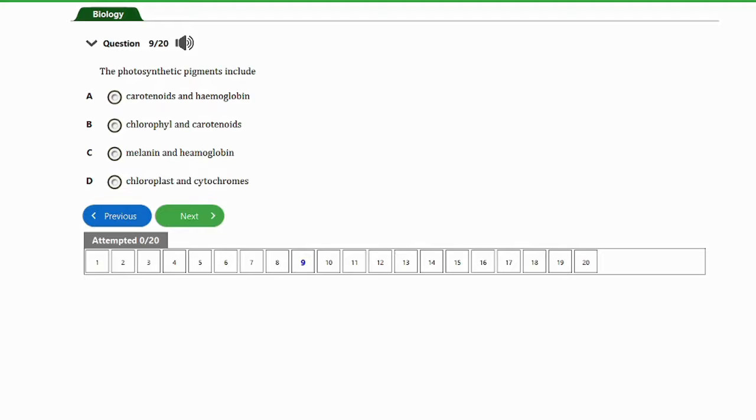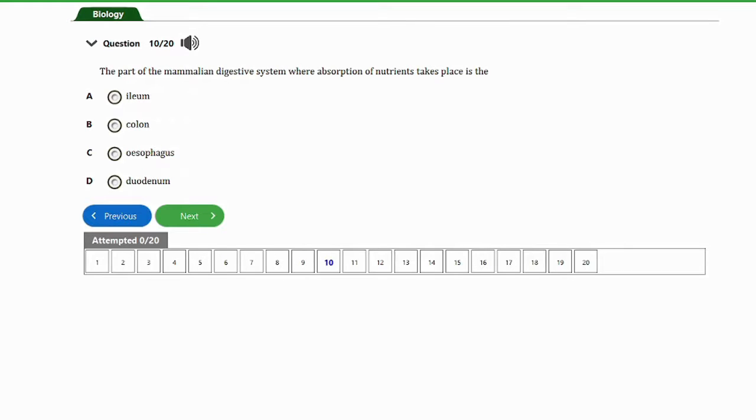The photosynthetic pigments include the chlorophyll and the carotenoids. These pigments absorb light energy, and this light energy is used in photosynthesis. So the chlorophyll absorbs mainly the blue and red light, whereas the carotenoids absorb other wavelengths and help to broaden the spectrum of light that a plant can use for photosynthesis. So let's consider the next question, guys, and that's question number 10.